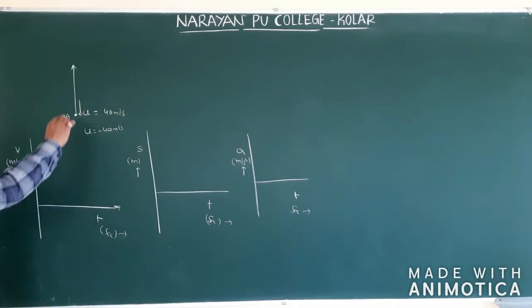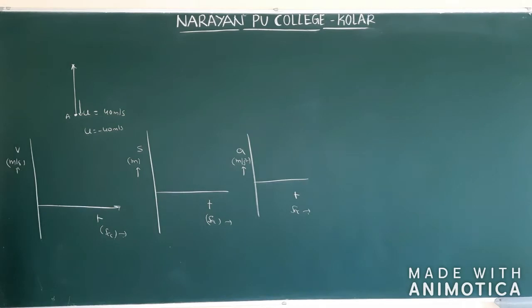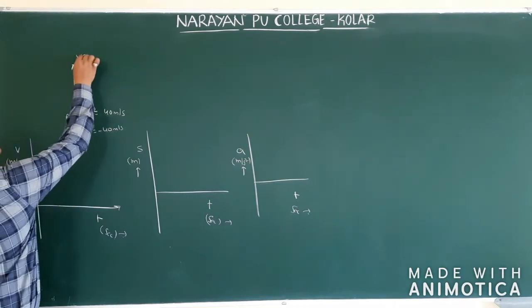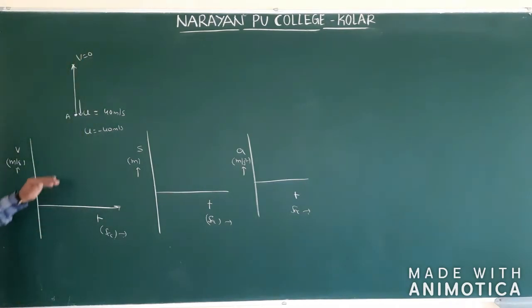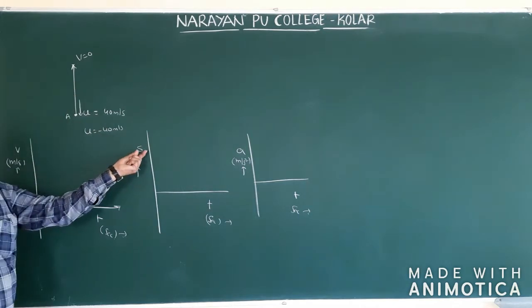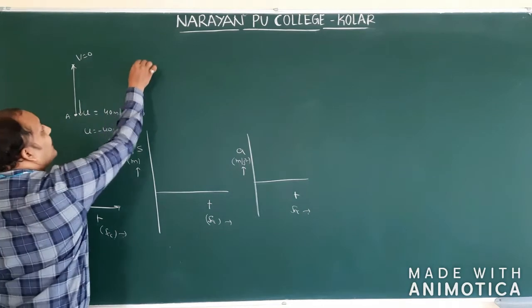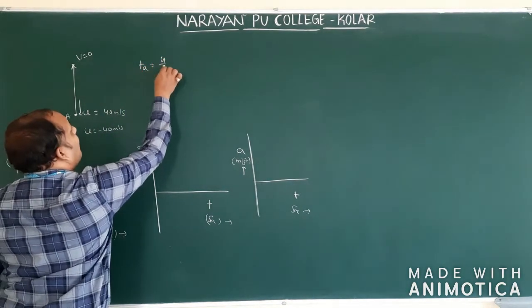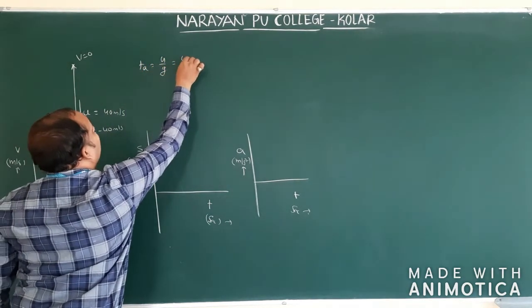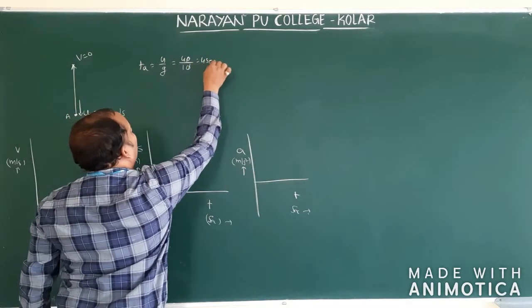Okay. Now, how much time does it take to reach maximum height? That is, how much time until the final velocity becomes 0, and how much displacement does it cover, because we have to draw the displacement equation also. First, the time: t is equal to u by g, 40 by 10, that is nothing but 4 seconds.